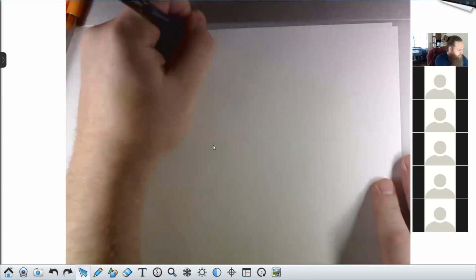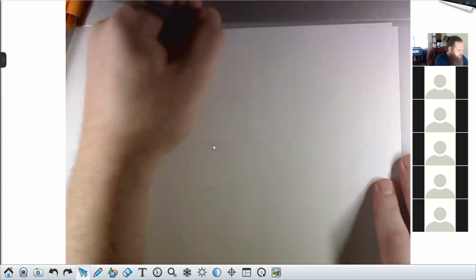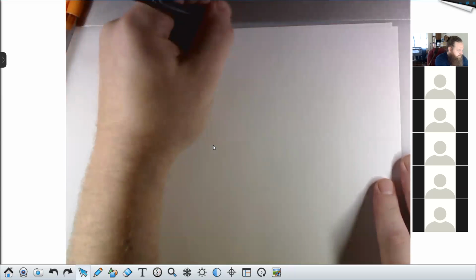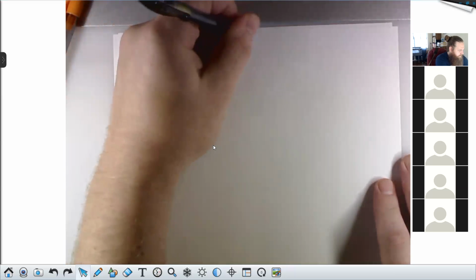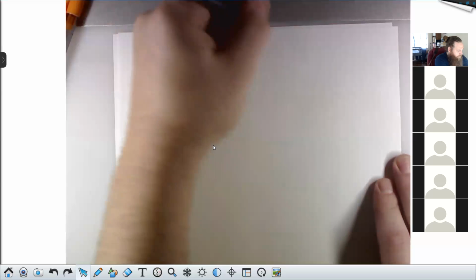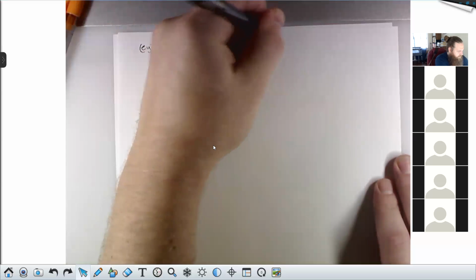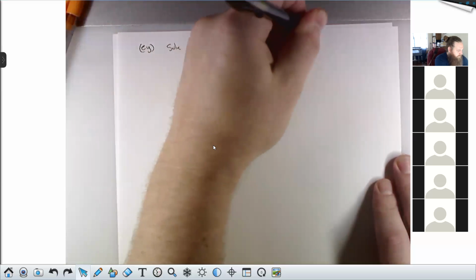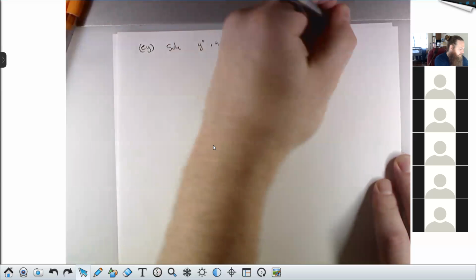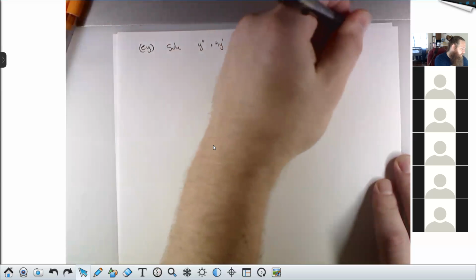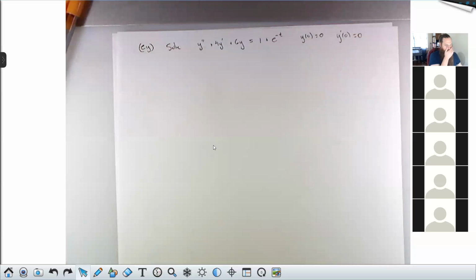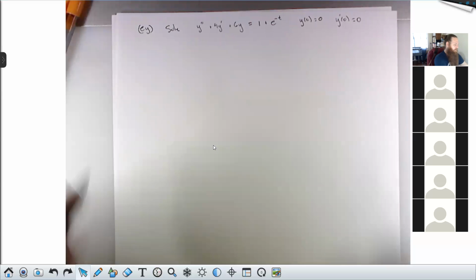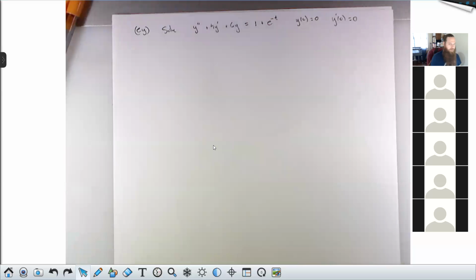We're going to solve y'' + 4y' + 6y = 1 + e^(−t), subject to y(0) = 0 and y'(0) = 0. And these sort of initial conditions, by the way, are exactly what you do when you're not given initial conditions but you want to use the Laplace transform. You just make everything 0.